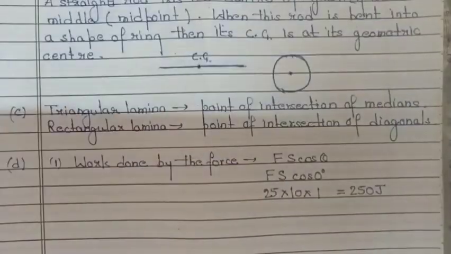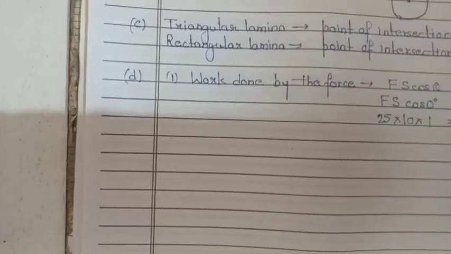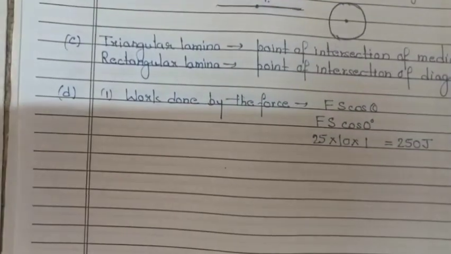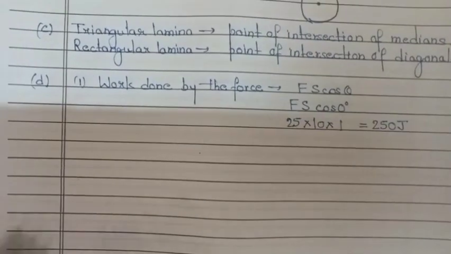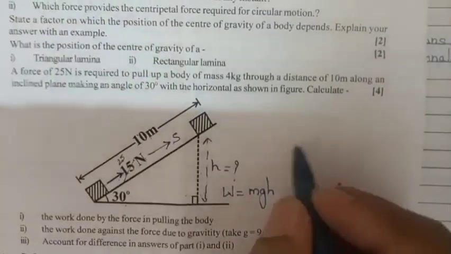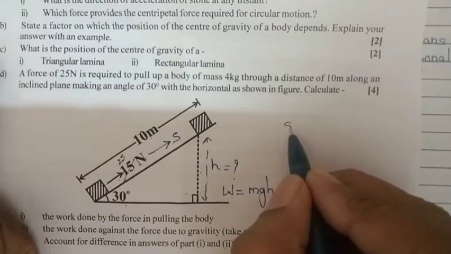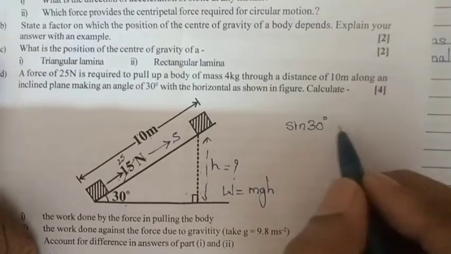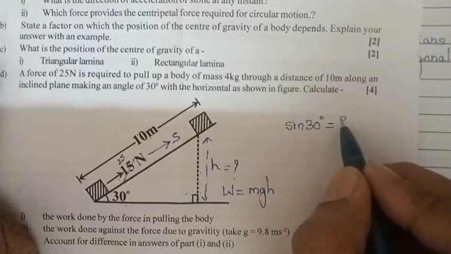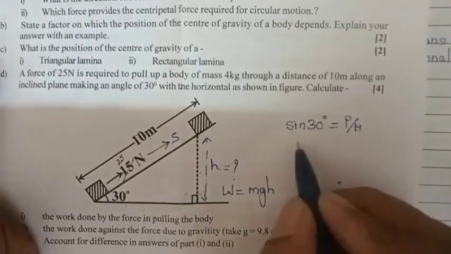So to find the height, I will solve it here only. We can use the ratio sine 30. Ratio sine is perpendicular upon hypotenuse.